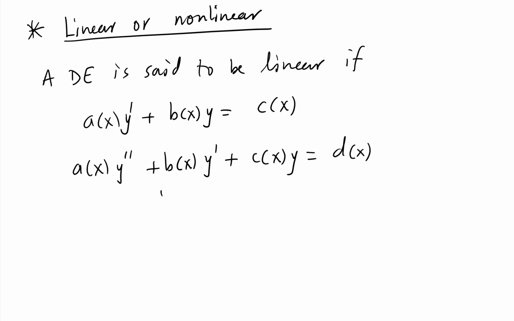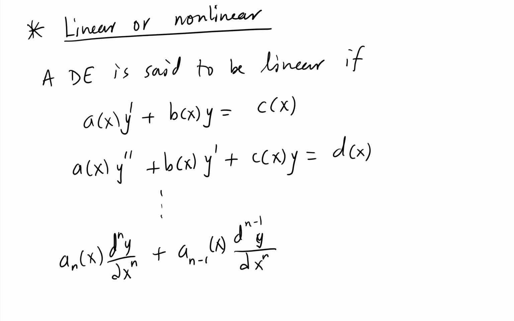In general, this can go on and on: a sub n of x times d^n y/dx^n plus a sub n minus 1 of x times the next lower derivative, and so on, plus a0(x) y equals g(x).